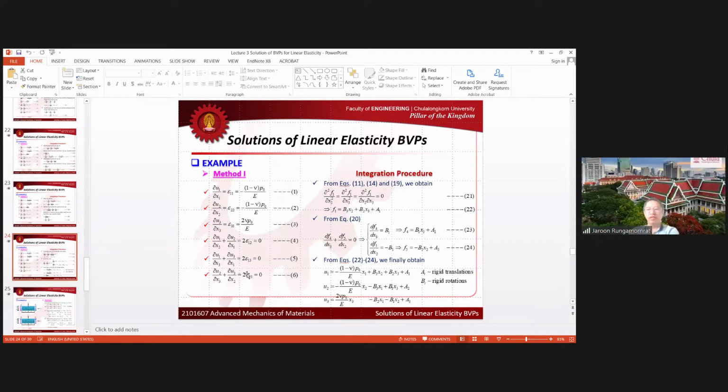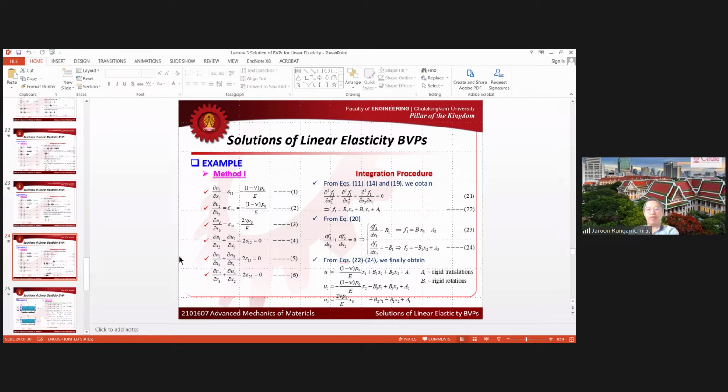Yeah, you can choose any form of stress field. Finally, you can conclude that, okay, the form that you guess can satisfy the equation or not.